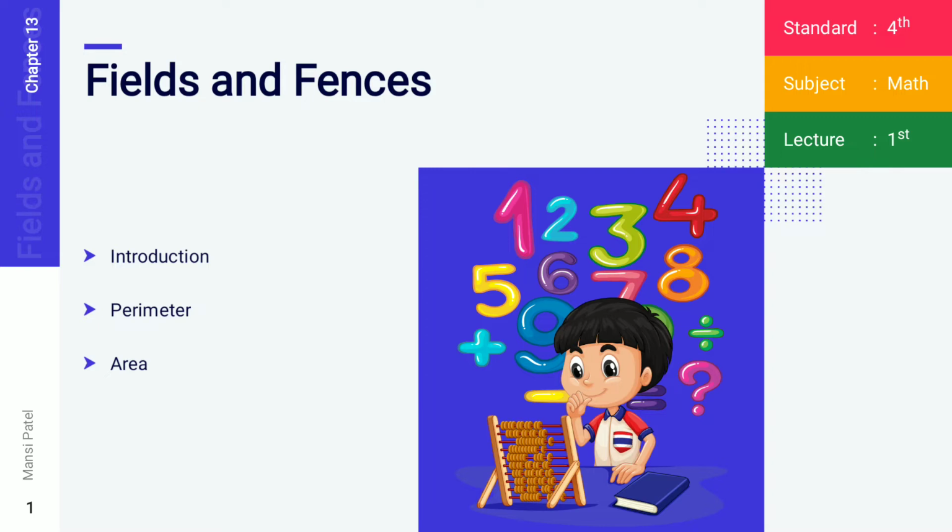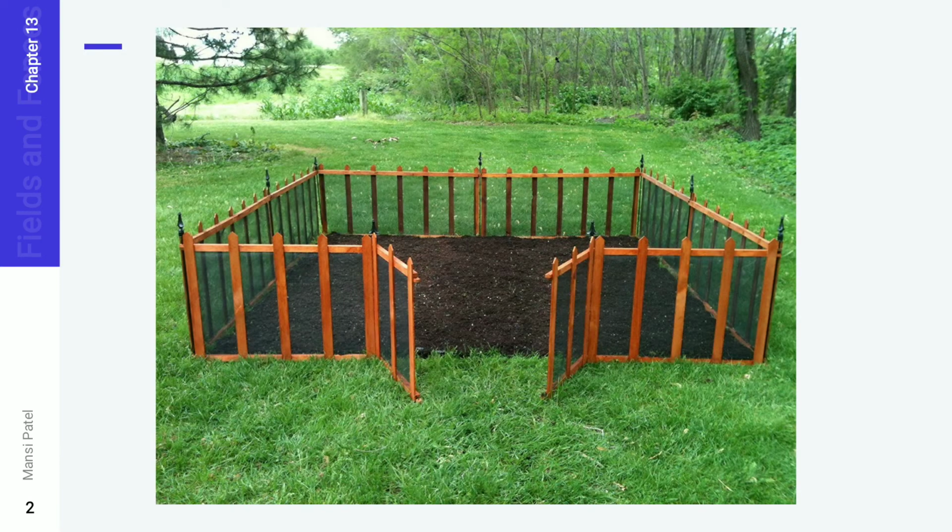But before that you have to know the meaning of fields and fences. Field means what? Fences means what? So let us start today's session. You can see here this is one image.